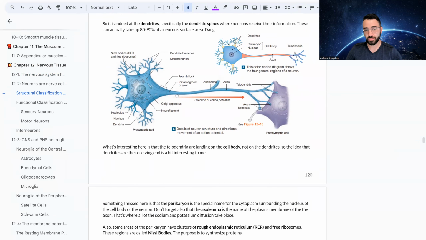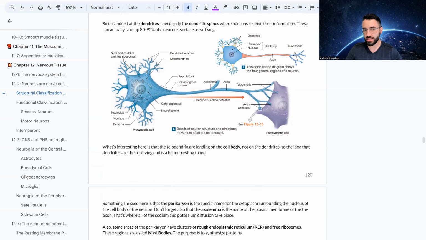This converging point where the cell body narrows into the axon is called the axon hillock. And at the very end, you're going to have the postsynaptic cell. So this is the cell body. The interesting thing is the dendritic branches, it doesn't show those on this other cell.